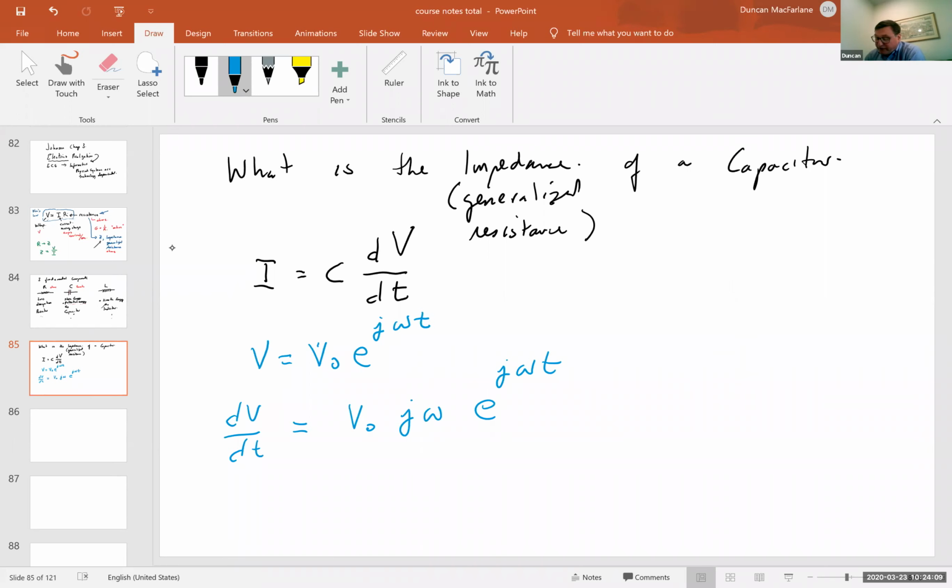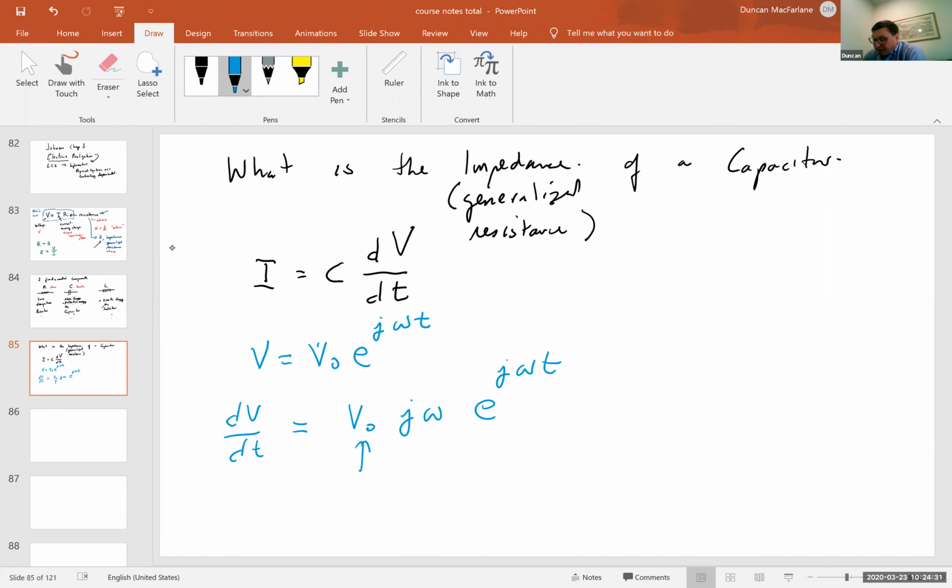So I have dv dt is equal to the amplitude of the voltage times j omega. The omega is the frequency that we're interested in, or in Ziyu's case, all the frequencies. And we're going to see a little bit later what j means. So just let that kind of stew and mystify us for a little bit.